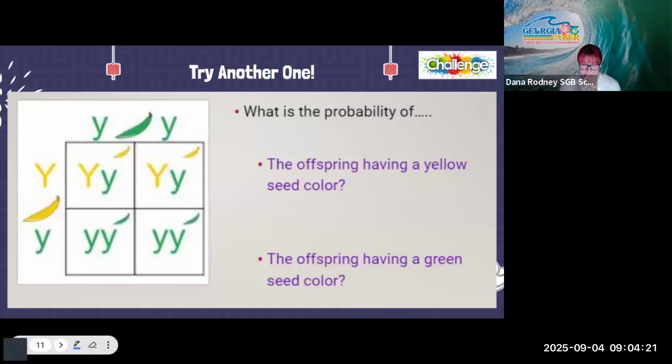So next, we're going to look at this one. We want to know the probability of the offspring having a yellow seed color or a green seed color.